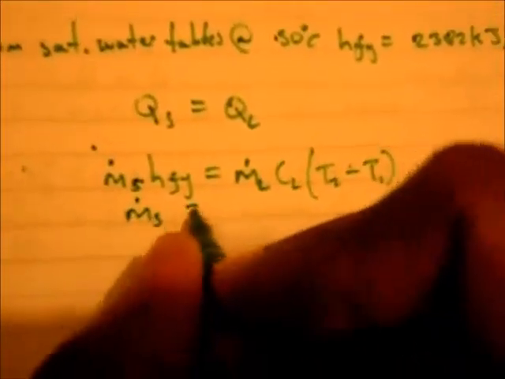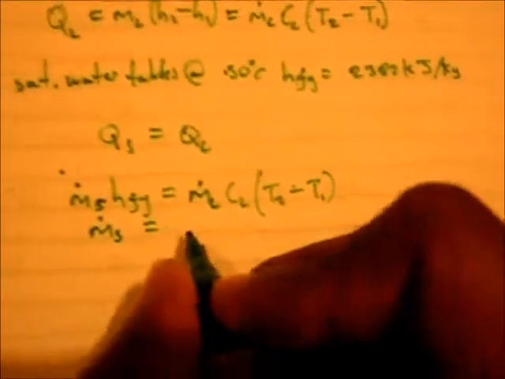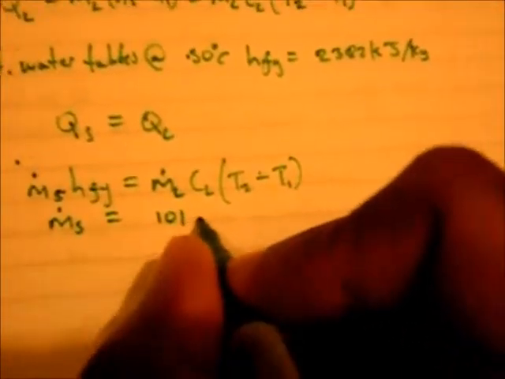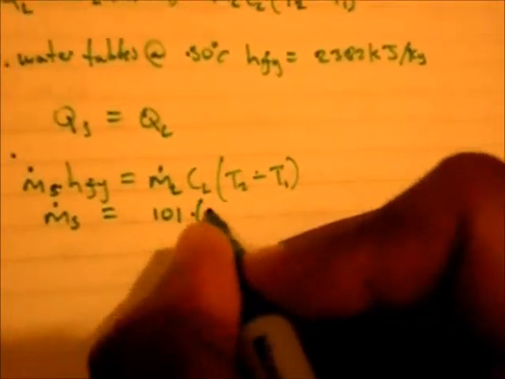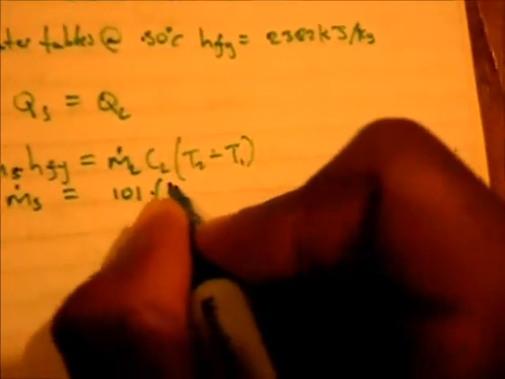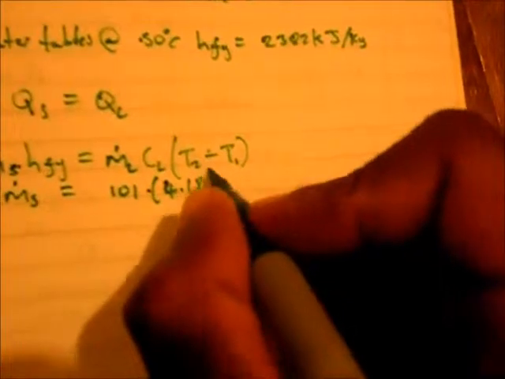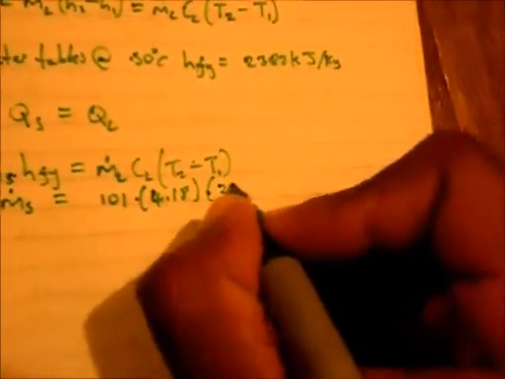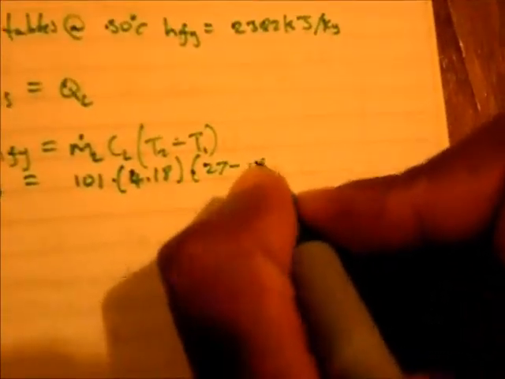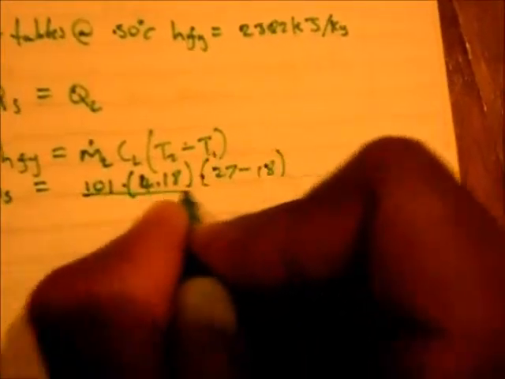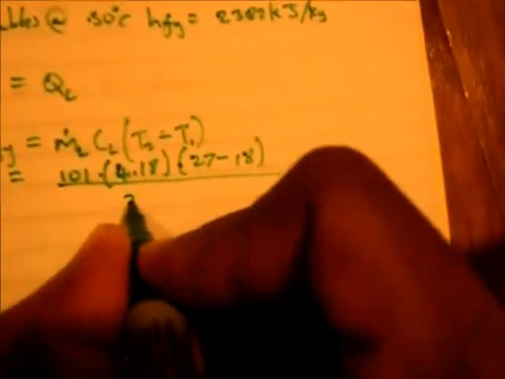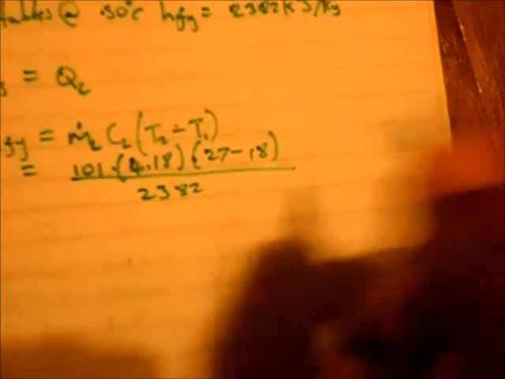This equation will be m dot S is equal to 101 times 4.18 times (27 minus 18) all over 2382.